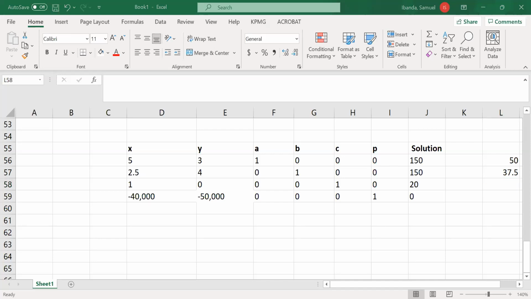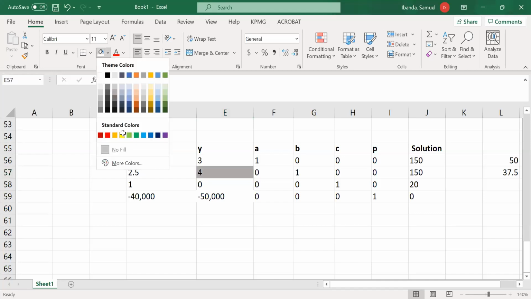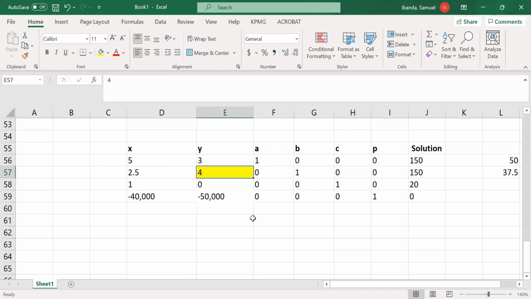Our goal is to select the one that gives us a lower figure. So we can see that this has given us 37.5, so this should be our pivot point.